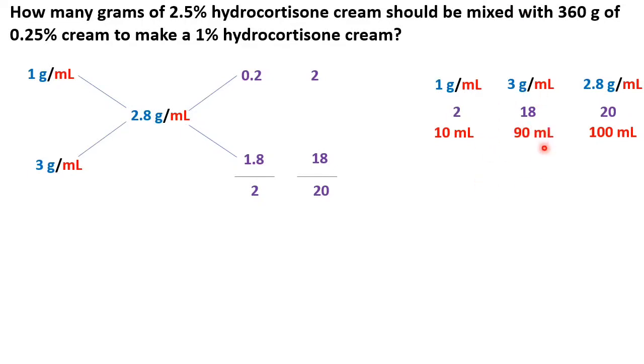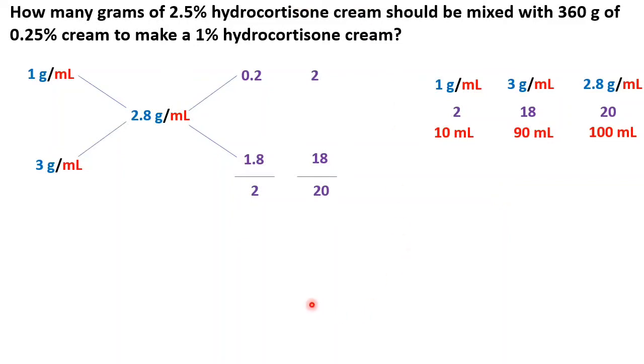Or we can simply subtract 10 from 100 and get the same result, 90 milliliters.